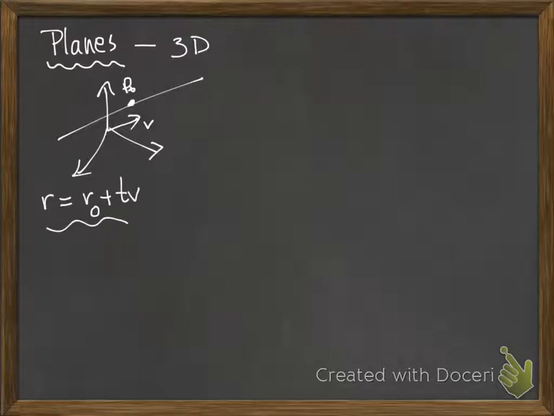Well, to come up with the equation of a plane, knowing a point on the plane, P naught, and knowing a vector pointing in some direction is not enough, because as you see, we could make our plane that contains point P, and the vector V here lies on that plane.